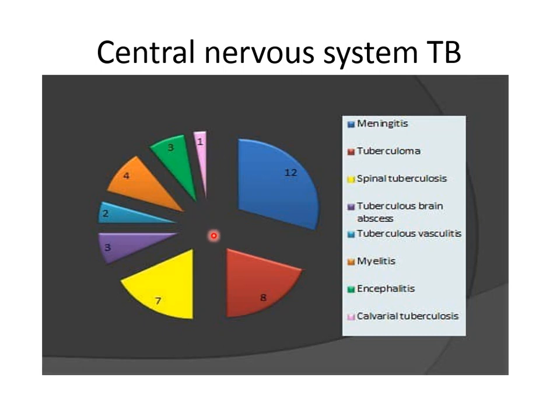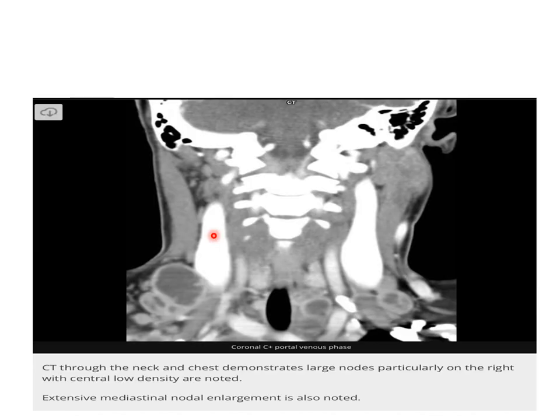But before we go on, I forgot to mention that the first line of investigation is ultrasound, and to differentiate it from metastatic papillary thyroid cancer, or head and neck squamous cancer causing lymph node enlargement, we can do a Doppler.